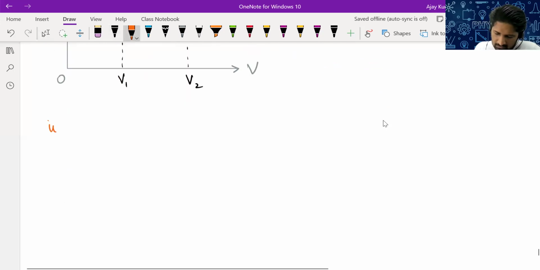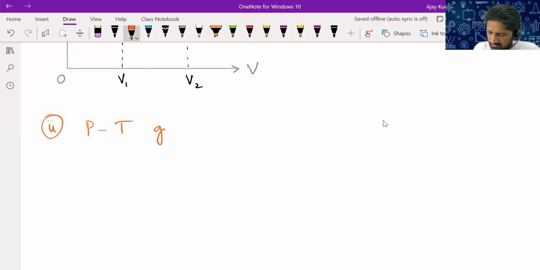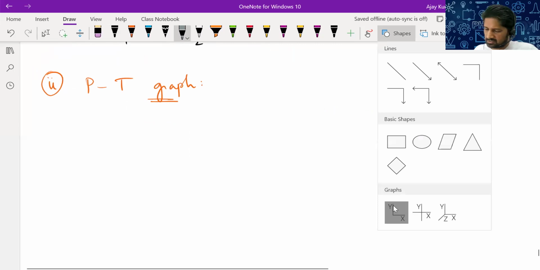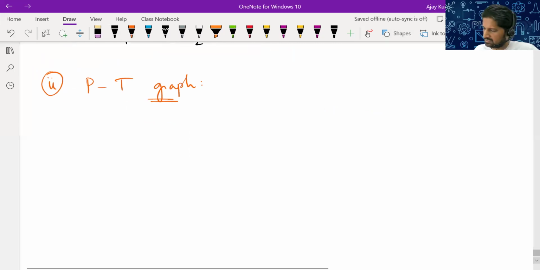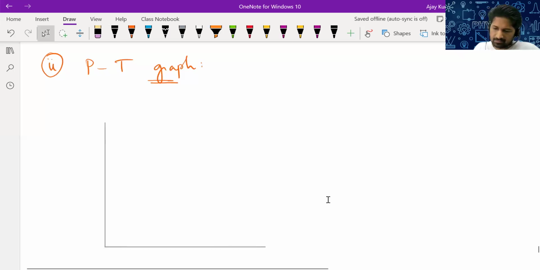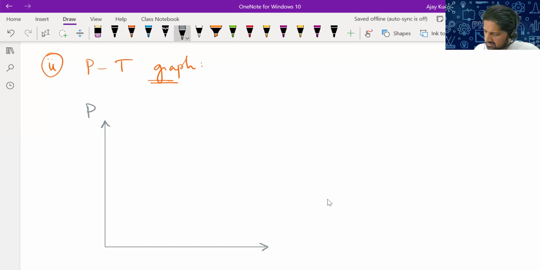Next, the pressure temperature graph. Now, volume is kept constant, but pressure and temperature are both allowed to vary. And we have just seen that if volume is constant, from PV is equal to nRT, pressure becomes proportional to temperature. If y is proportional to x, a little bit of mathematics as I said, the graph will be a straight line passing through the origin.